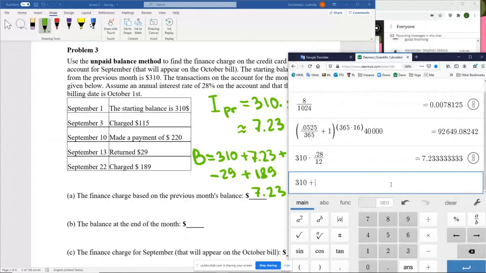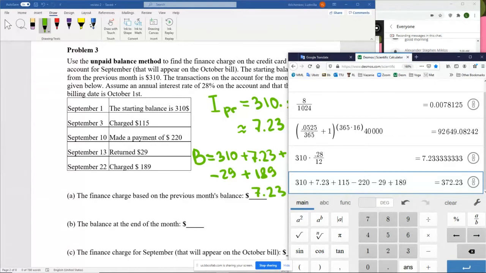Let us find this balance. So 310 plus 7.23. Then we charge, so plus 115. Made a payment, subtract 220, return, subtract 29, charged, so plus 189.